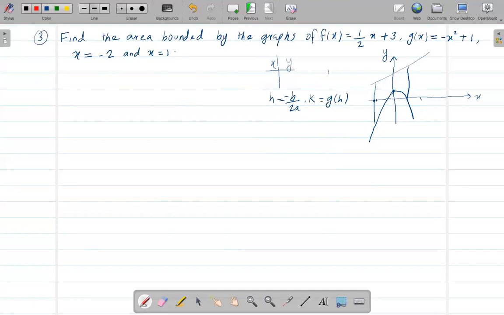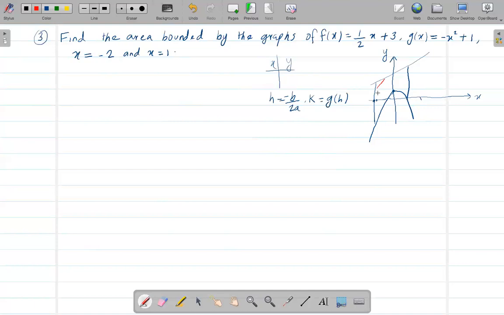Now I need to consider the area bounded by all of these. The line x equals -2 is this vertical line, and x equals +1 is this vertical line.